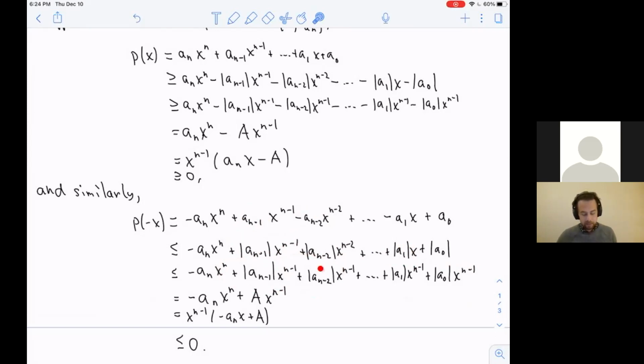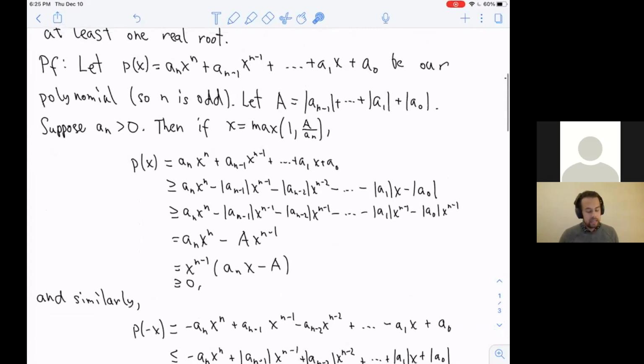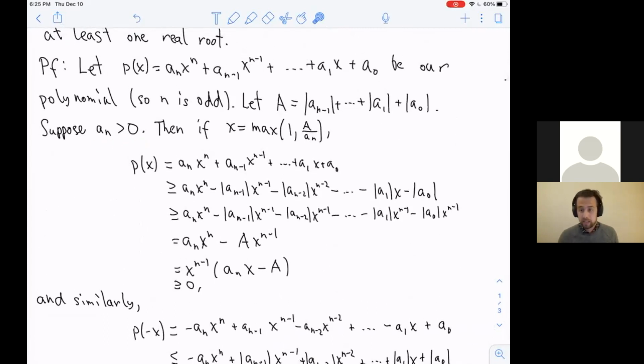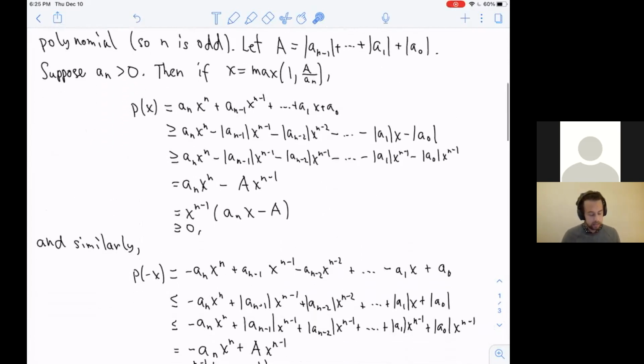Again, we pull out the capital A from these parts. And then we now have this. And we factor out the x to the n minus 1, and we get the exact negative of what we got here. And so we know that this is less than or equal to 0 for the same reason as above. Okay, so that's what happened if this top coefficient was positive. What happens if it's negative?